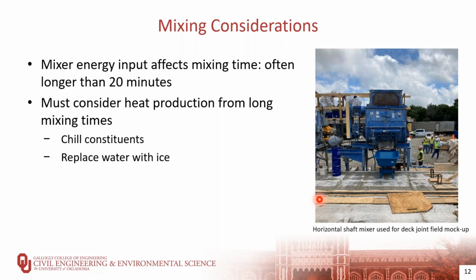The mixing energy input or the specific mixer is going to have an effect on the mixing time, but mixing times generally are in the range of 15 to 20 minutes, but can be longer than 20 minutes, especially when you're having to blend the dry constituents. With that being the case, heat production from long mixing times can be an issue that needs to be considered, which can include chilling the constituents beforehand or replacing some of the water with ice.